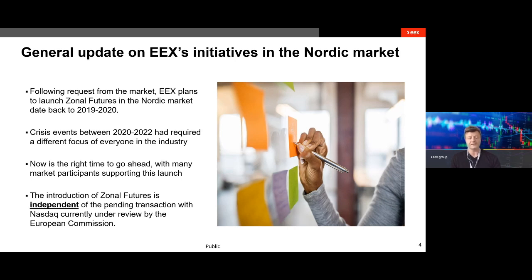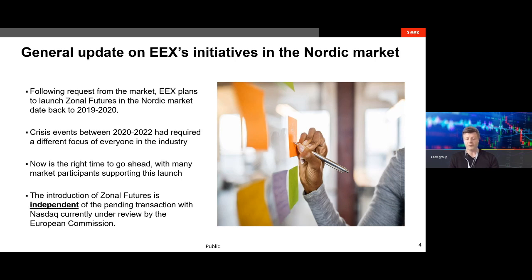I would also like to mention that the introduction of these zonal futures is independent of the pending transaction with Nasdaq, which is currently under review by the European Commission. As part of their regular process, the Commission does a market assessment and reaches out to clients on their views of the transaction.